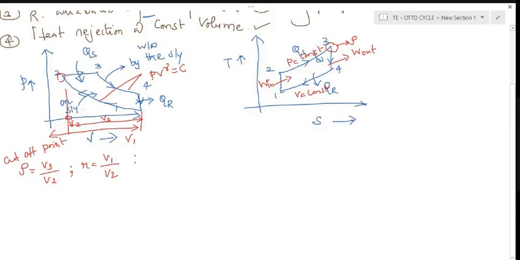Likewise, the expansion ratio is also denoted by the symbol r. The expansion ratio takes place between 3 and 4, so we can say V3 by V4.